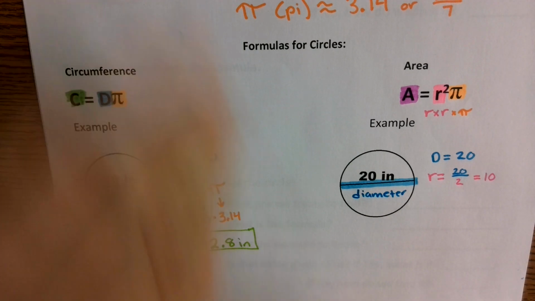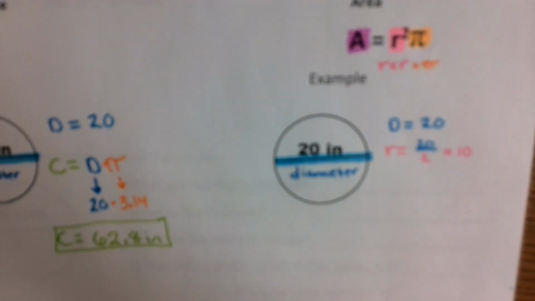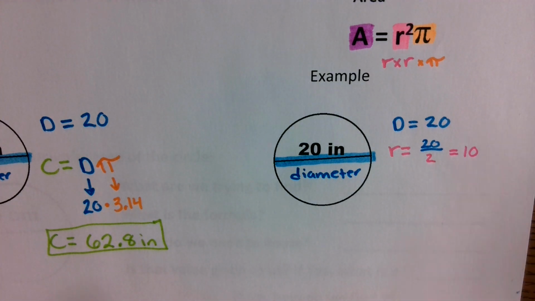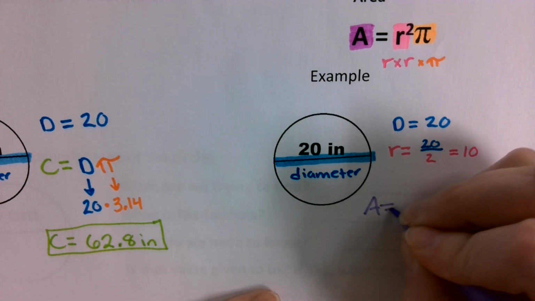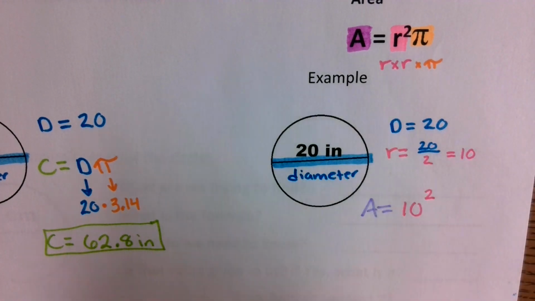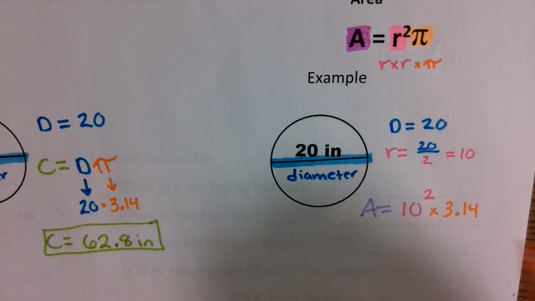Thank you. All right. So we have the radius now. We know what the radius's measurement is. It's 10. And we can go ahead and plug it into this formula. So area is equal to radius squared times pi. 10 squared times pi. What's 10 squared?